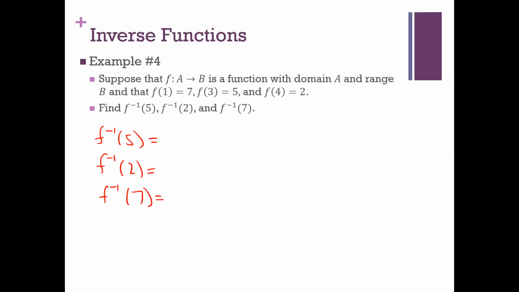What is f inverse of 5? 3. Why? Because you're just switching the x and y, so whatever the original input was is going to be the output of the inverse. So this all comes from the idea that I told you f of 3 was equal to 5. So if the inverse exists, the inputs and outputs get exchanged.